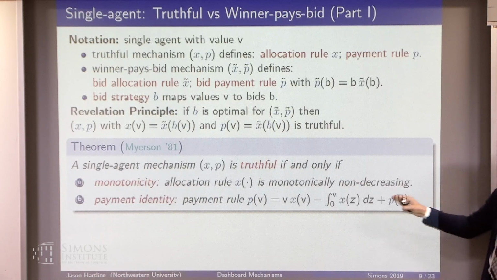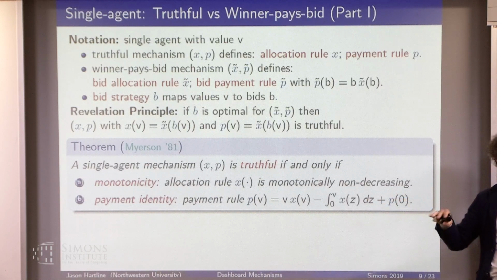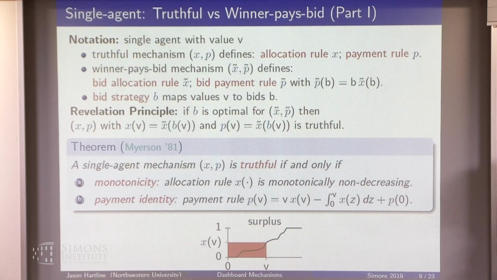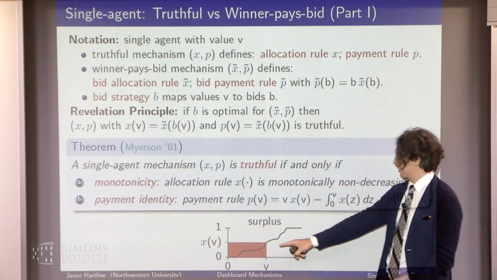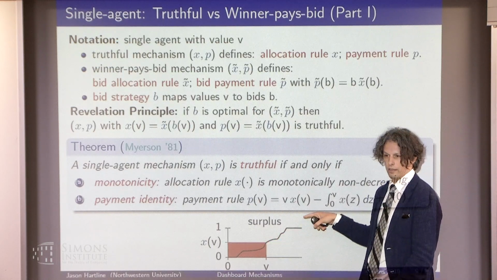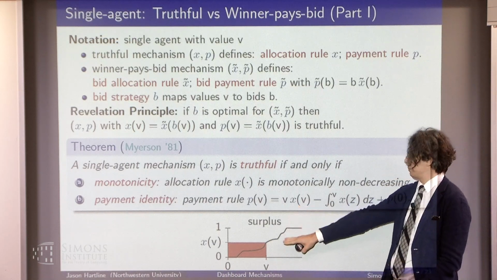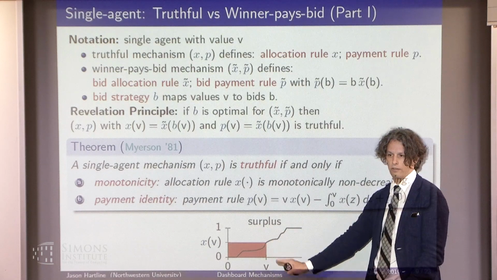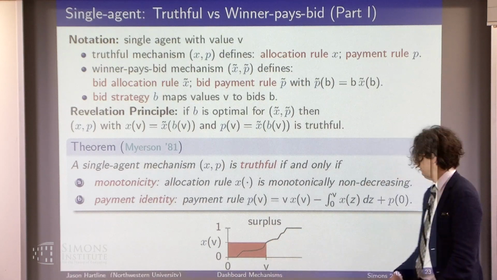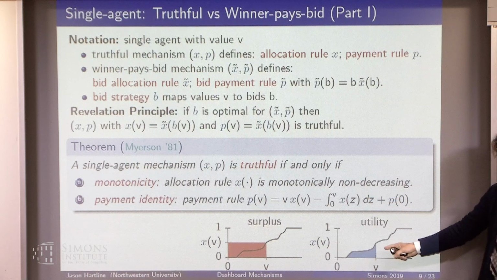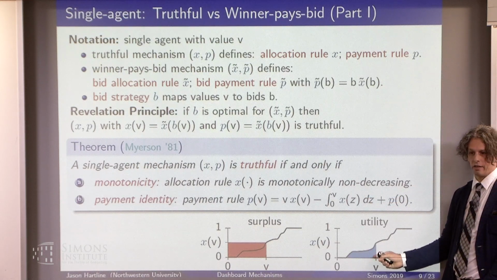This payment identity probably is not new for almost everybody here, but just to see a pictorial representation of it: if my allocation rule is this black non-decreasing line, then v times x is the surplus, which is this red rectangle, v times the probability of winning. This minus this term here, that's the area underneath the curve, right? I integrate, I get the area underneath the curve.